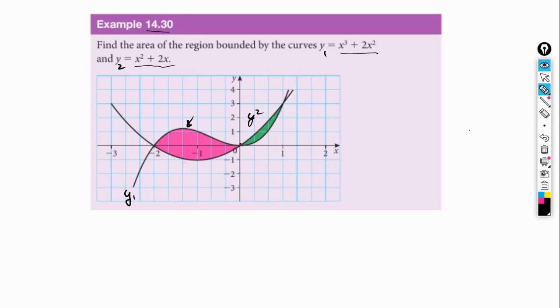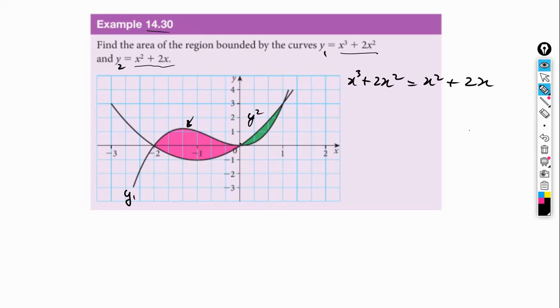So first of all, let's verify where these two curves intersect. And that's easily found by equaling the curves and solving for x, right? So this would be x cubed plus 2x squared is equal to x squared plus 2x.